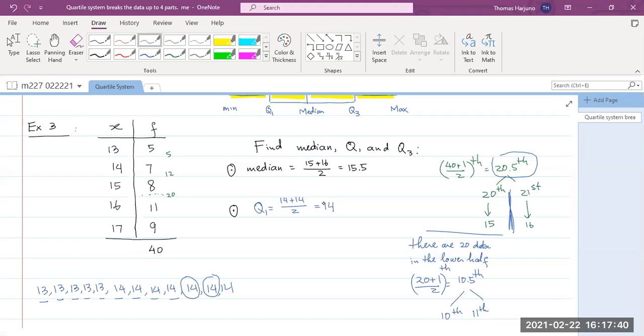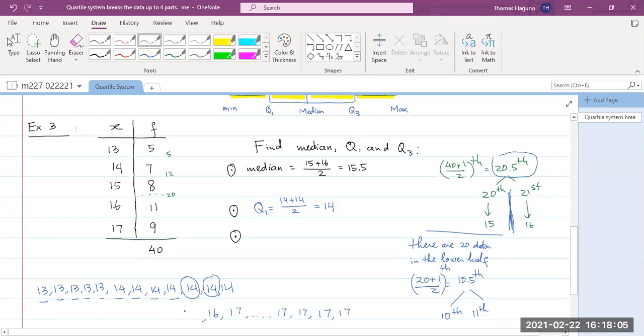Okay, now likewise, if we do it from above, the 10th data will be, now the top 9 are 17, right? So we have 17, 17, 17, 17, 9 times. The 10th one from the top is 16.